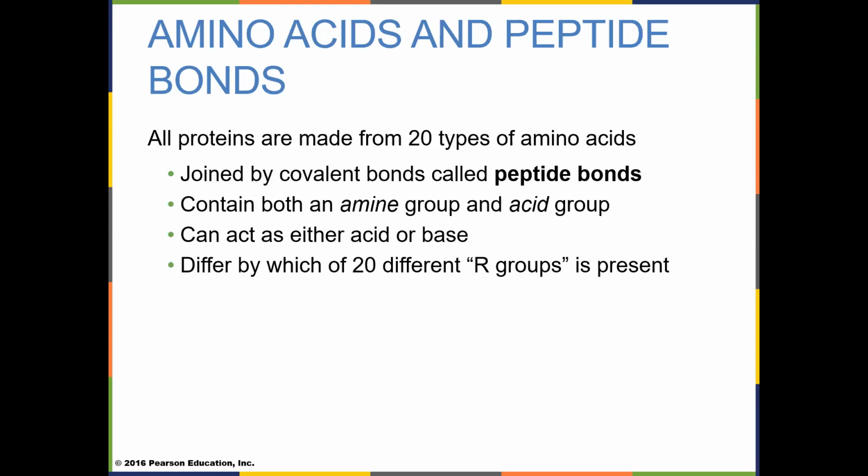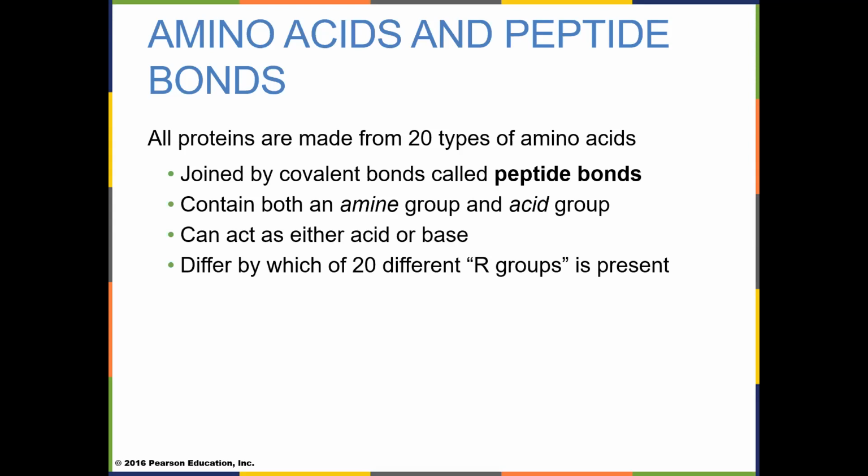The structure of the protein is dictated by the order of the amino acids. The order of the amino acids will dictate what the protein is and how big it is. Doesn't matter, there's only 20 amino acids. We can make any protein of any length we want.